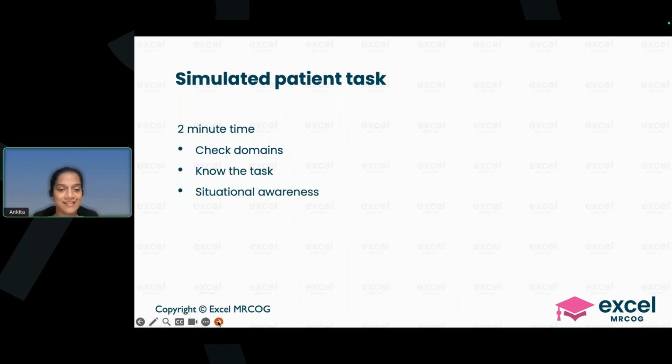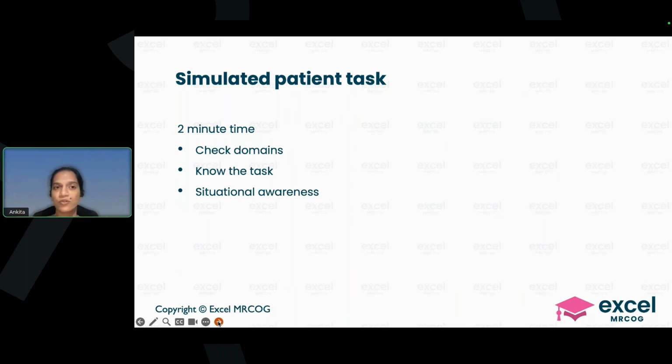Like in this case, somebody thought it was LOP and it was actually LOA. That should not happen. So reread the task in the 2 minutes. 2 minutes is a long time to read the task. You need not get flustered thinking, oh God, I have not read this topic, what am I going to do? No, just be calm, read what is given to you.